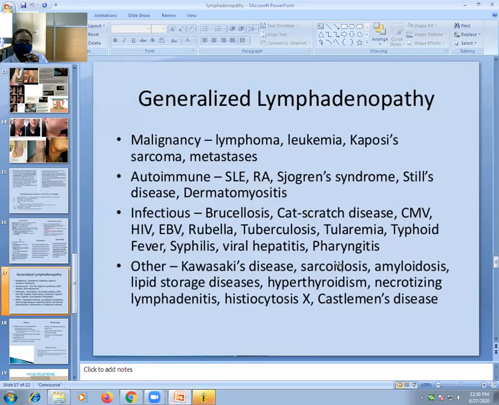But the most common causes overall are Hodgkin and non-Hodgkin lymphoma and leukemia.